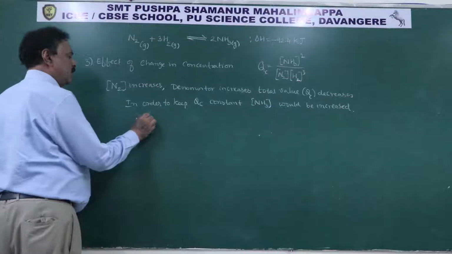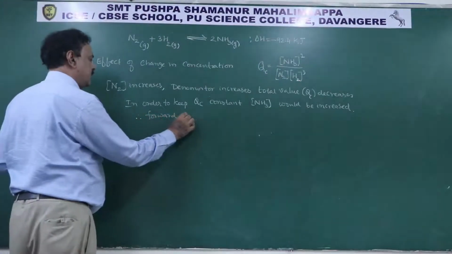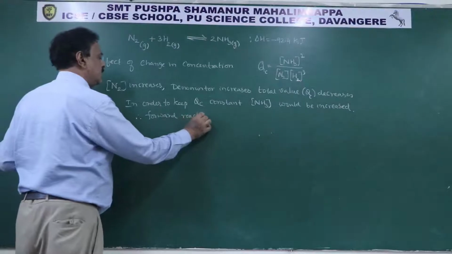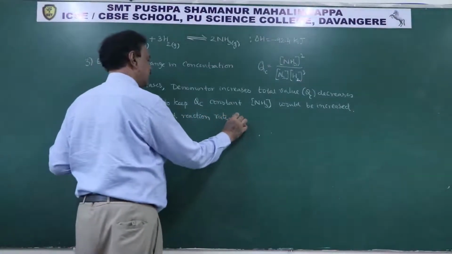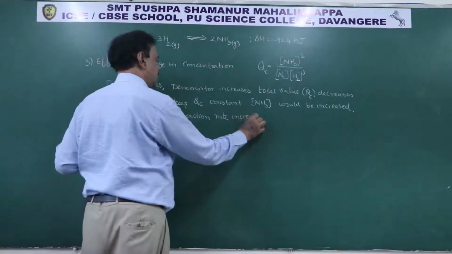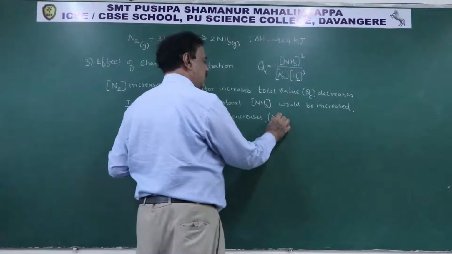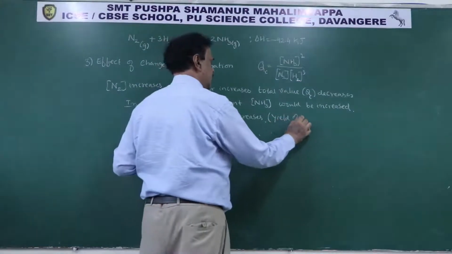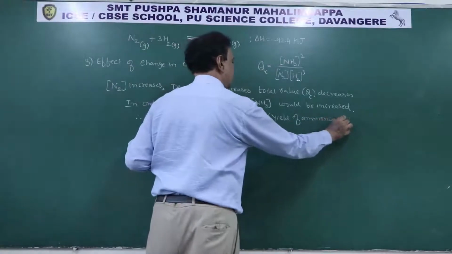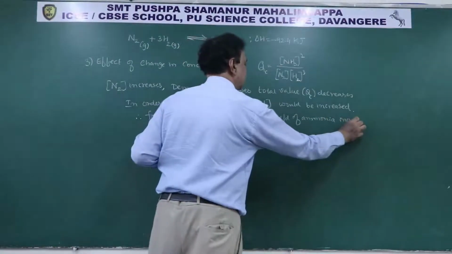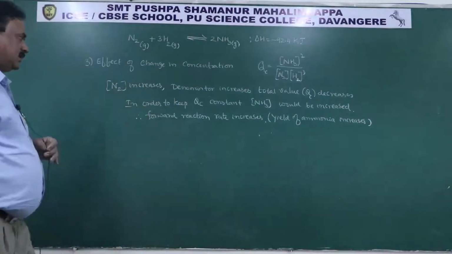Therefore, the forward reaction rate increases. This implies the yield of ammonia increases. Is it clear?